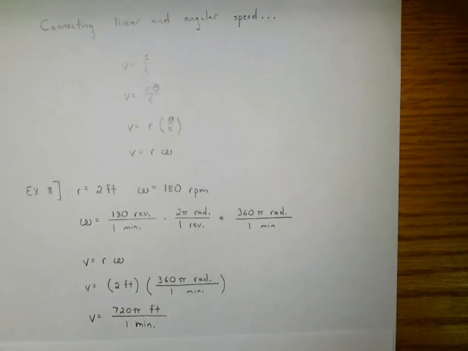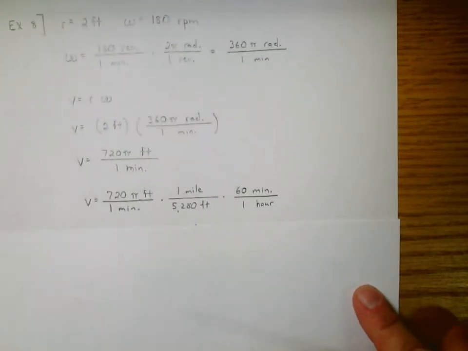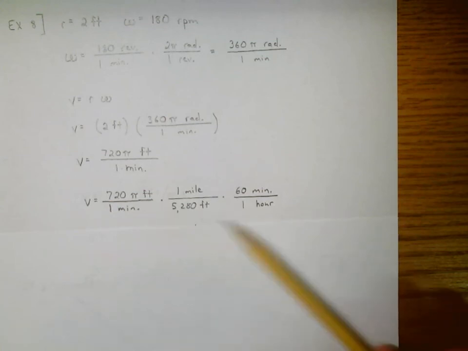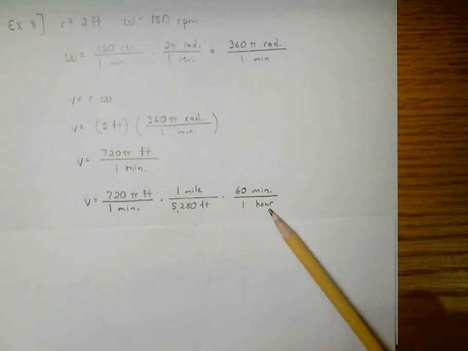A lot of times when we write this, we're going to convert it to a more accessible unit. When we talk speed, there's nothing wrong with feet per minute, but it might make more sense for people to convert this to miles per hour. That's just more comfortable with what we know. So I've done my conversion factors. 1 mile is 5,280 feet. 60 minutes is 1 hour.